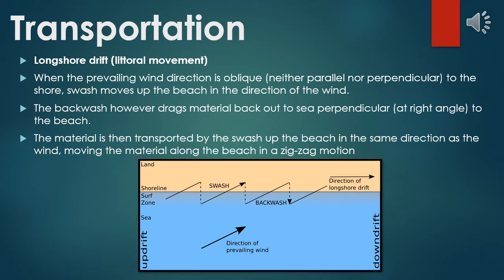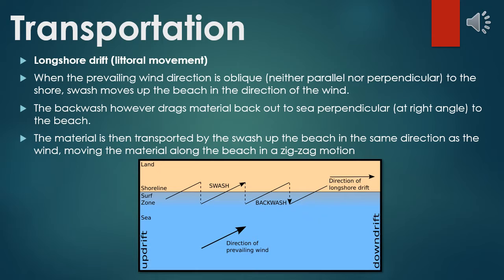So this is all down to the prevailing wind. The prevailing wind is the dominant wind direction in an area. When that is what we call oblique, which means it's not parallel, so it's not going the same way as the shoreline, and it's not perpendicular, so at a right angle to the shoreline, so it's just at an angle between 0 and 90 degrees to the shoreline, then it will push the waves up the beach at an angle, as you can see in the diagram below.